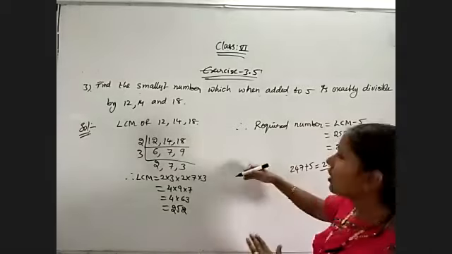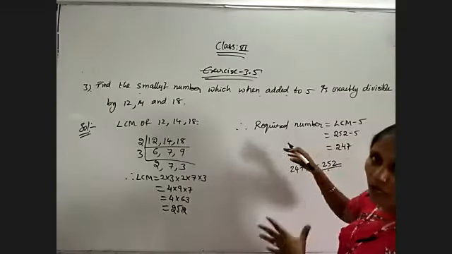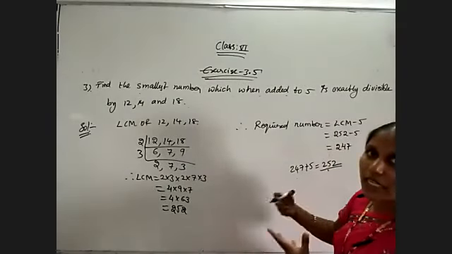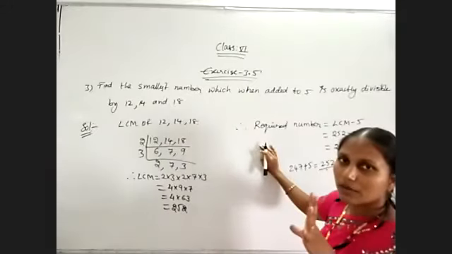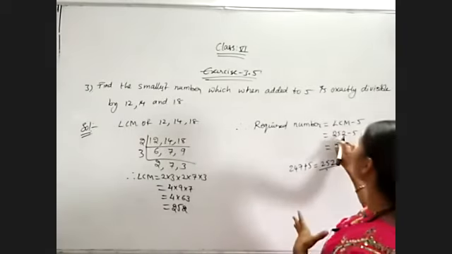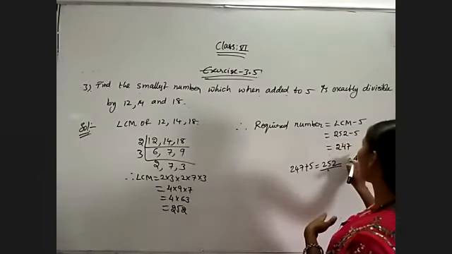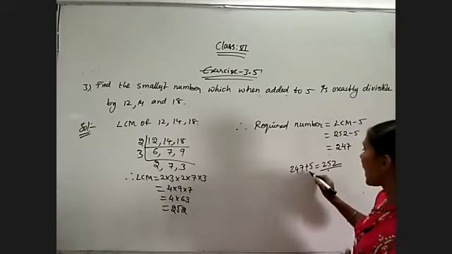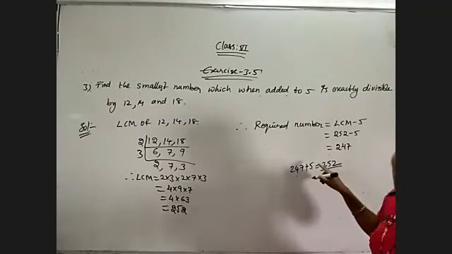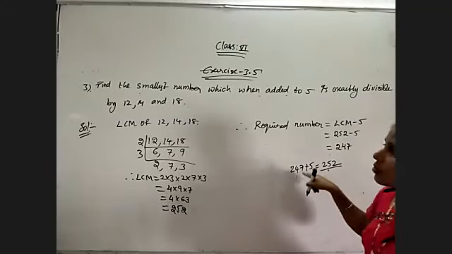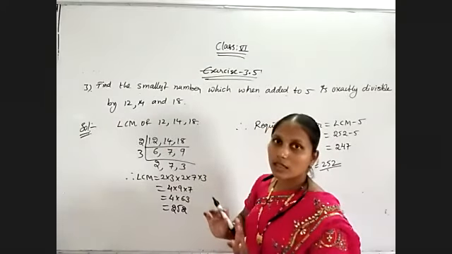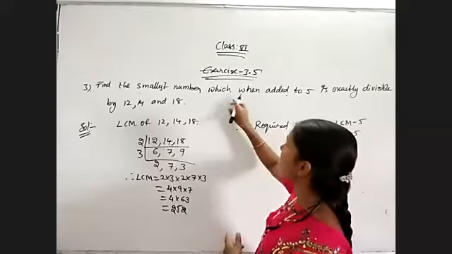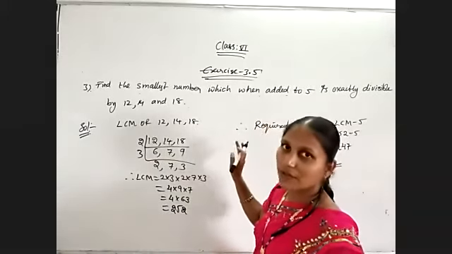So whatever LCM we got, the required number is 5 less than that. That means 252 minus 5, which is equal to 247. When you add 5 to 247, it becomes 252, which is exactly divisible by 12, 14 and 18. That's all. So the required number is LCM minus 5.